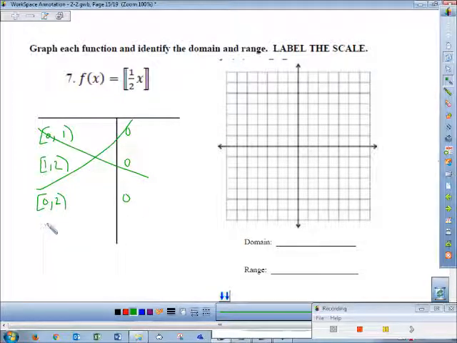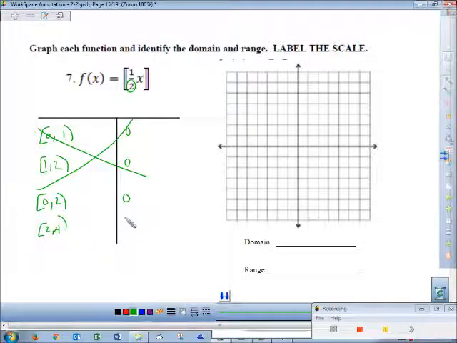Then your next interval has to start over at 2, but it's got to be 2 wide because of this divide by 2 in here. You need to get twice as wide as before. Since you were only 1 wide before, because there was always a 1 in here, now whatever this denominator is, you've got to have a range of 2 wide.